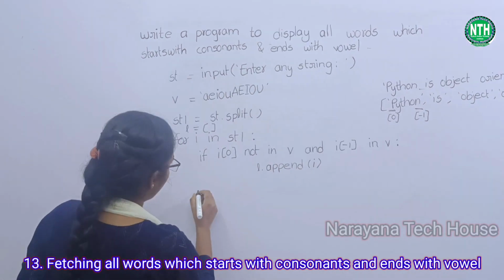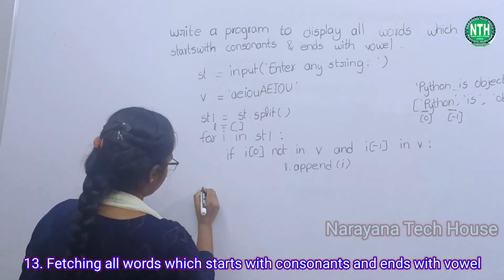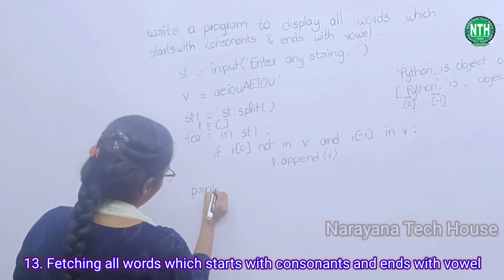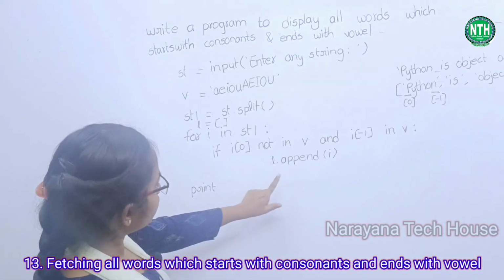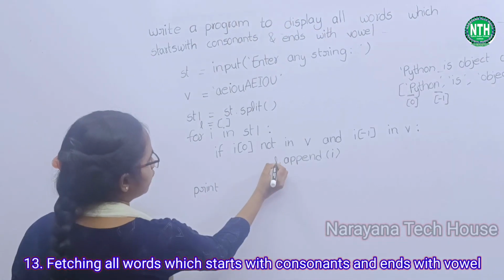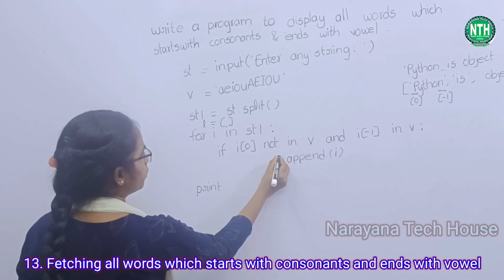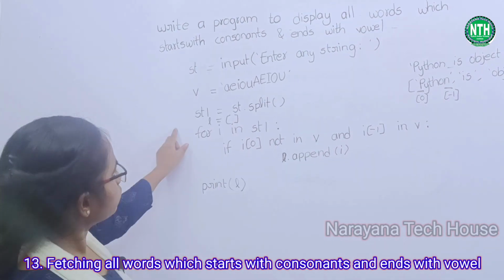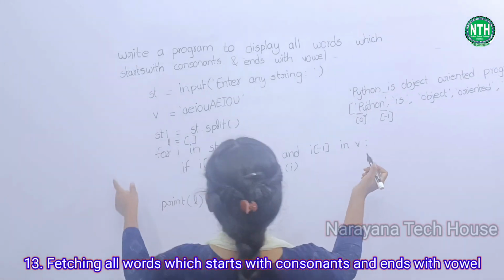Then at last we have to print these words. The words we appended into this empty list, so we have to print this empty list. Then we can check each word from this.